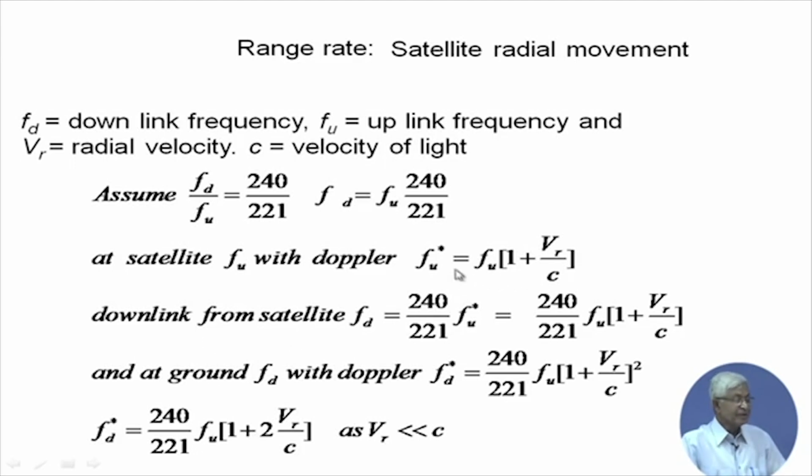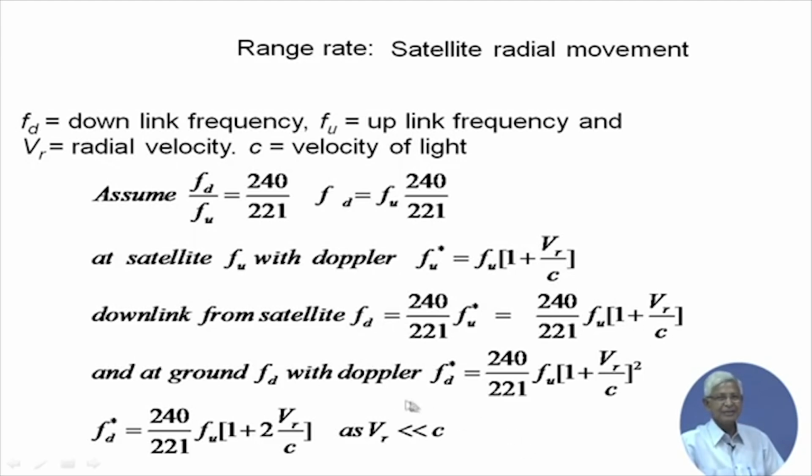Now, the satellite will convert this and repeat it down to the earth. It will take this frequency and put it as a downlink frequency, and the downlink frequency is the uplink frequency multiplied by the factor we have assumed, 240 by 221. So, in this case the downlink frequency will be 240 by 221 multiplied by the uplink frequency with Doppler, that is FU star, which in terms of FU is 240 by 221 FU multiplied by 1 plus VR by C. Now, when this downlink frequency comes down to earth, the Doppler again happens on it.